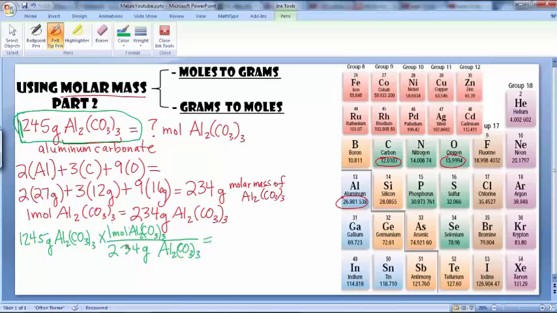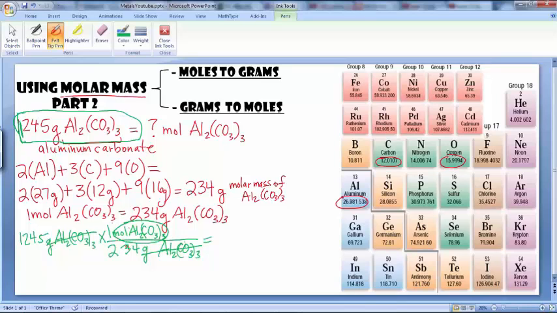Okay, so grams of aluminum carbonate cancel, and I'm left with the units of moles of aluminum carbonate.